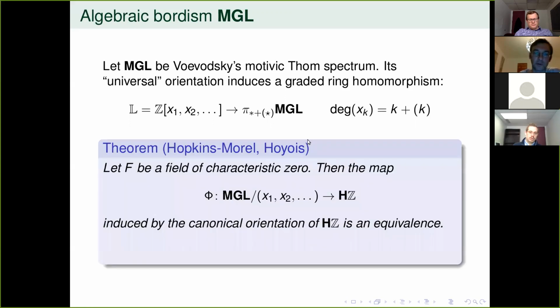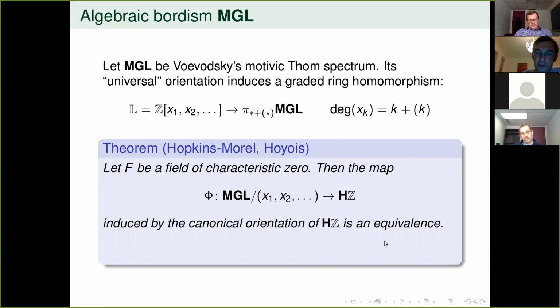What one can do is quotient out these generators, and the Hopkins-Morel theorem, which was properly documented by Marc Hoyois, says that the canonical map you get by using the canonical orientation on motivic homology induces an equivalence.